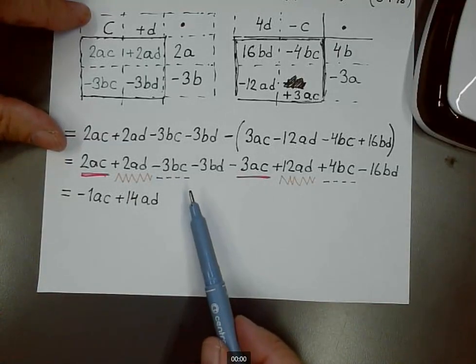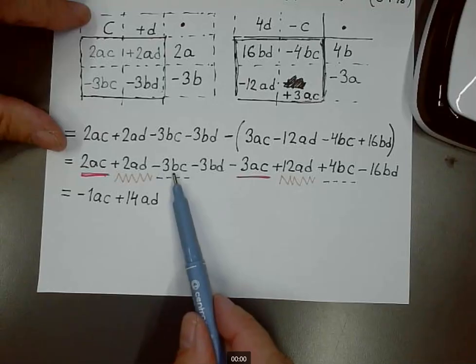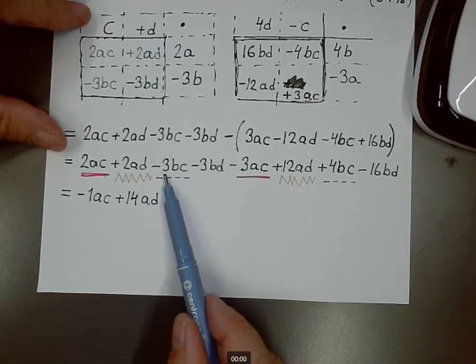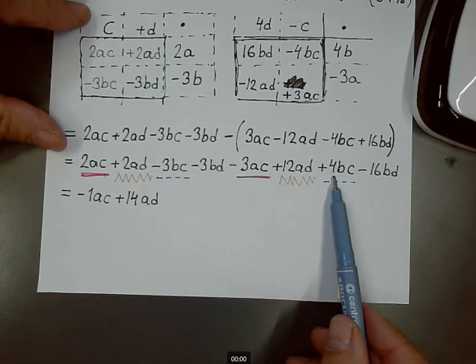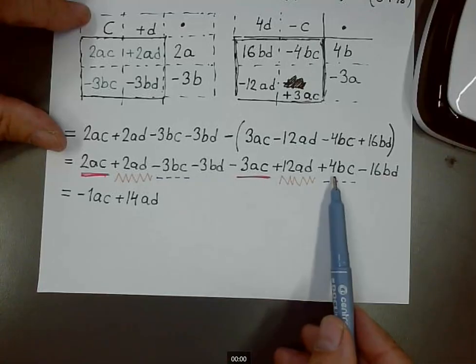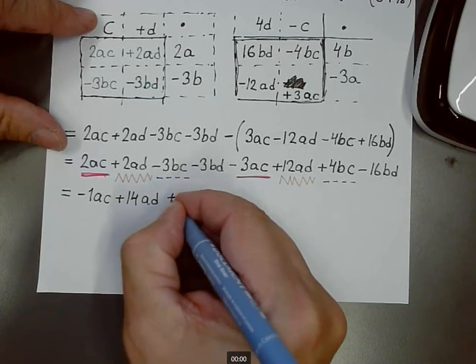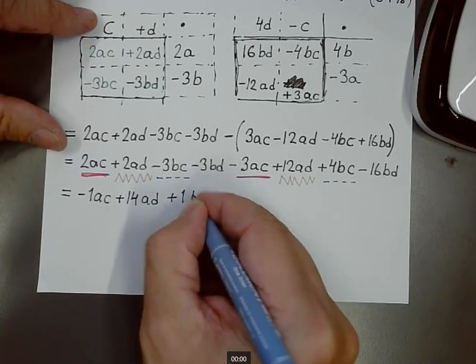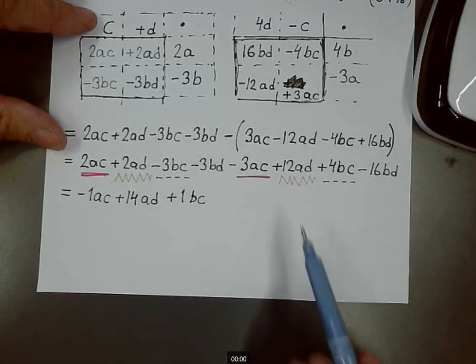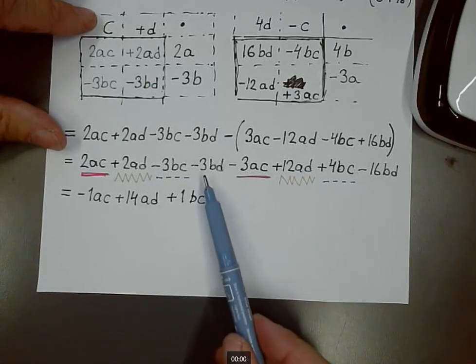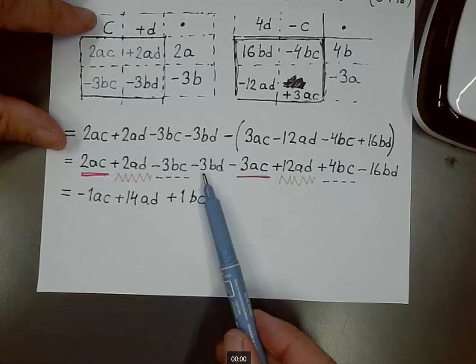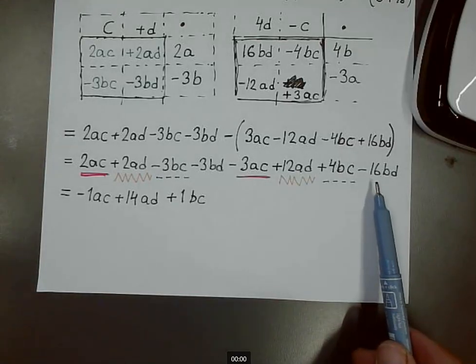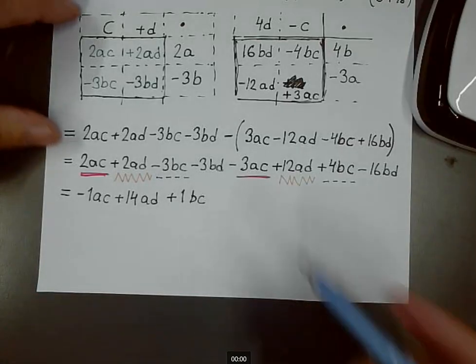Then we have the BC part, there are minus 3 and plus 4. Minus 3 plus 4 equals plus 1, plus 1 BC. And then we have minus 3 and minus 16, minus 19.